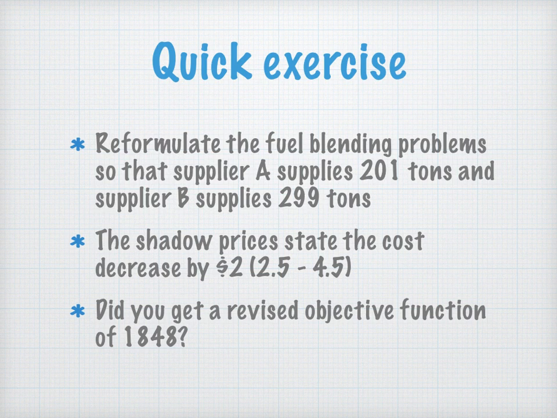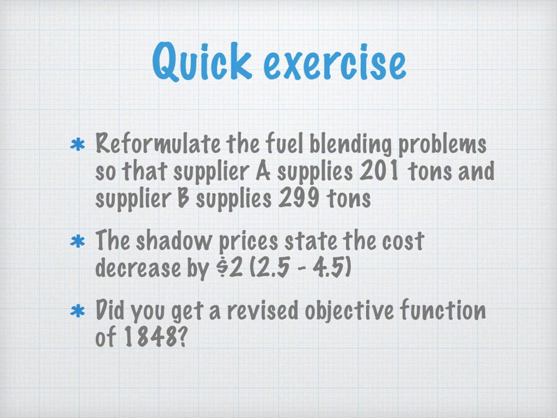Here's a quick exercise to demonstrate the usefulness of shadow prices. You might recall from the previous results that if we increase by 1 tonne the amount from supplier A, the cost will go up by $2.5. And if we decrease the amount from supplier B by 1 tonne, it will decrease by $4.5.